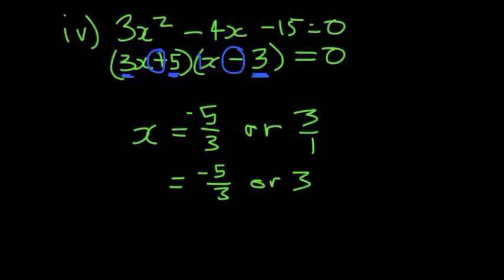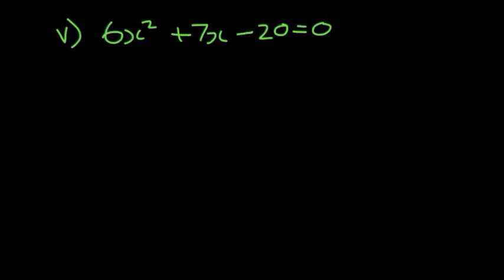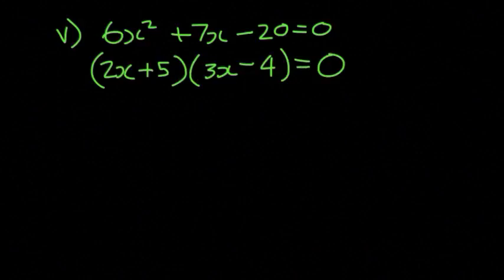Let's do another example, perhaps a more complex one. Alright, 6x squared plus 7x minus 20. Let's factorise that. Feel free to use the PSF method if you're having difficulties with these. The factors are 2x plus 5 and 3x minus 4. And applying this simple method of looking for the pattern, we see that it's going to be 5 divided by 2, and we take the opposite sign, so it'll be negative 5 over 2.